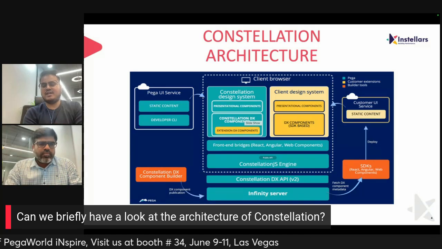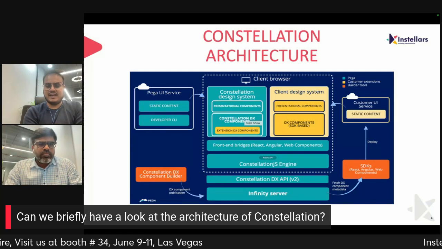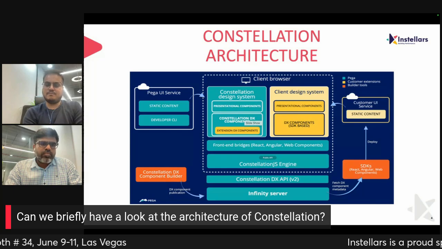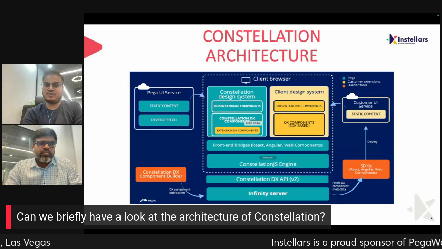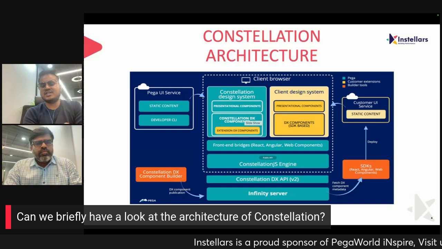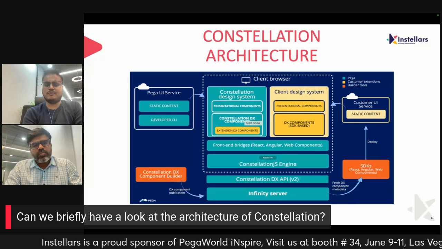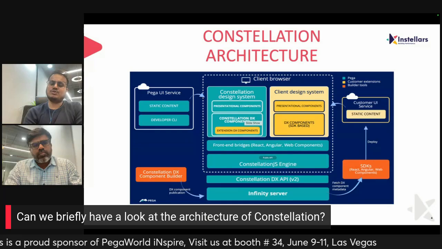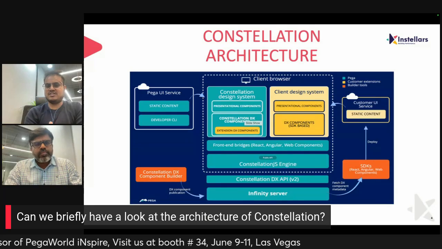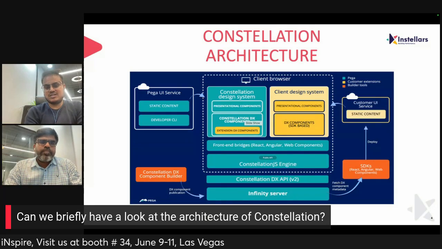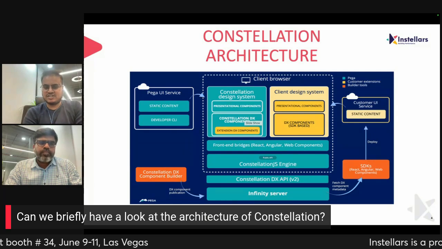To create a relation between the Constellation JS engine and your components, there are bridges provided by Pega. These are React-based, Angular-based, or any web components. The bridges fill the gap between the engine and your components. This is how the entire thing has been developed in a nutshell.